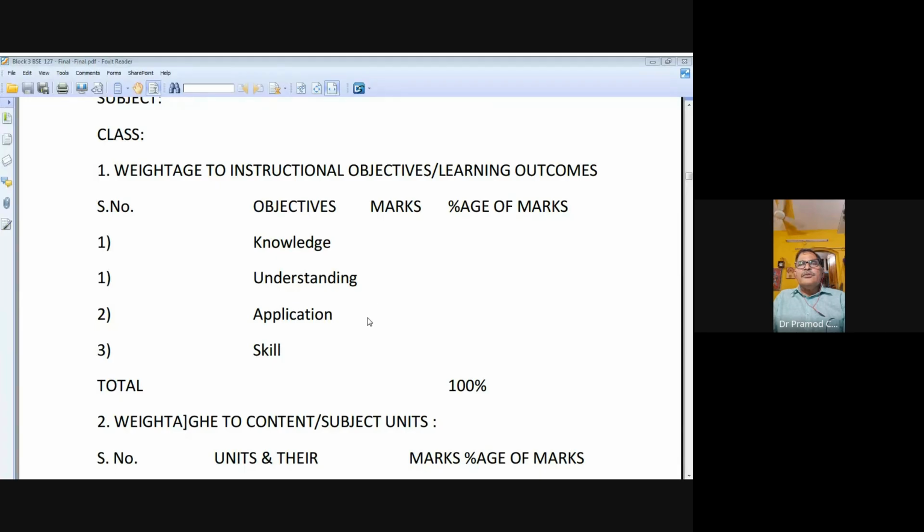Suppose you have to prepare 100 marks. Suppose you give 20, 40, 20 and 20. Then it is 100, and you will have to give the percentage of the marks. Here the objectives will total 100.